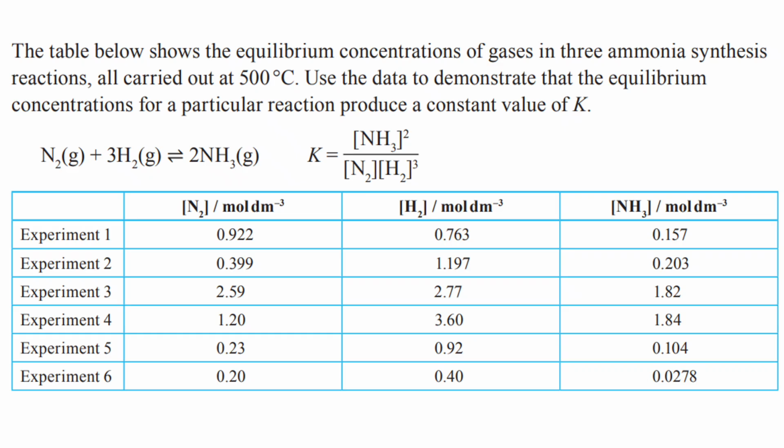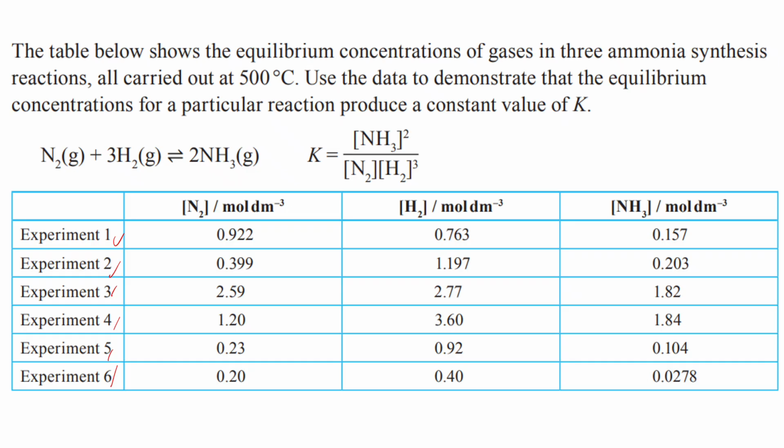Now, we know that one of the characteristics of chemical equilibrium is that it can be achieved from any direction. All right. So just to emphasize that the equilibrium constant does not depend on what the initial concentration of reactants and products were. Here we have 6 sample experiments which started with different concentrations of nitrogen, hydrogen, and ammonia.